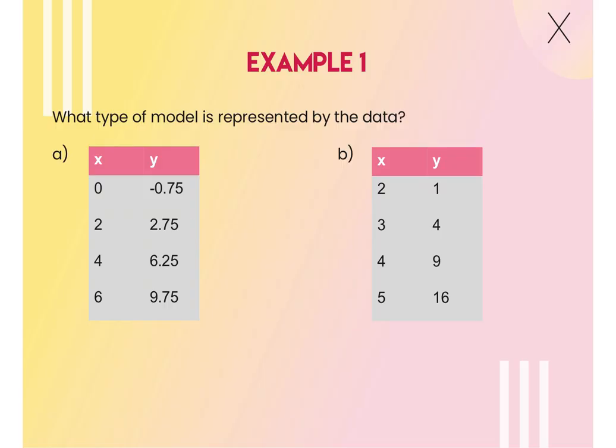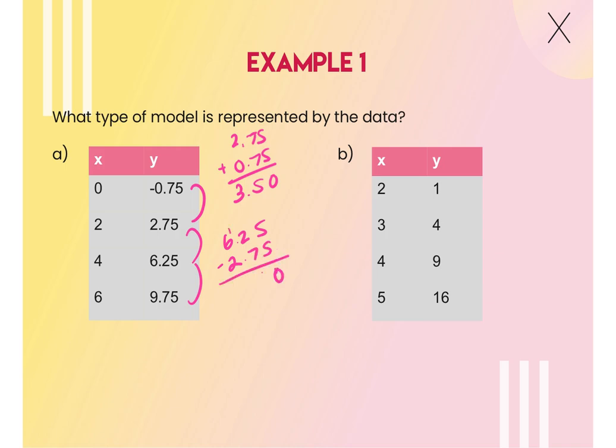So if I wanted to find these differences, 2.75 minus a negative 0.75, and I get 3.5. Then 6.25 minus 2.75, 3.5 again.